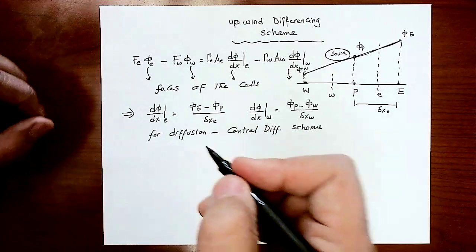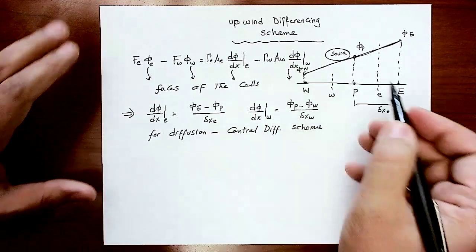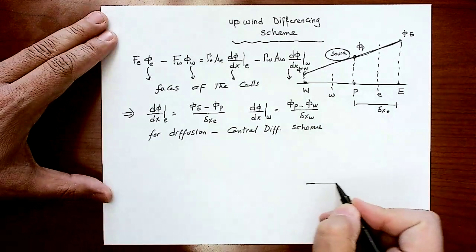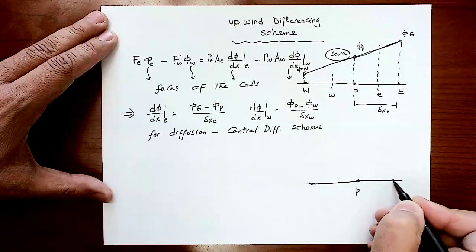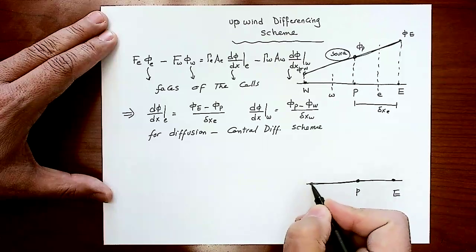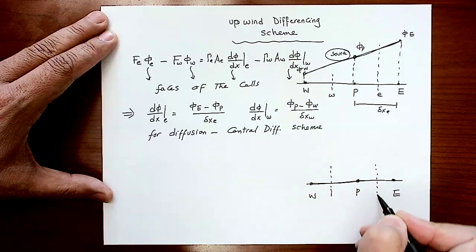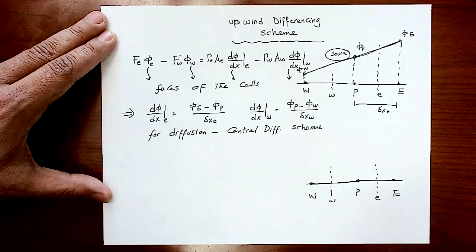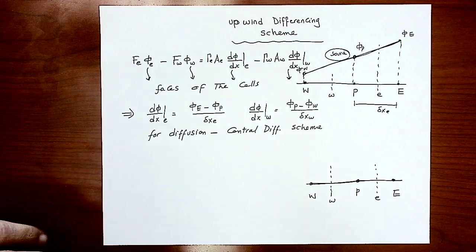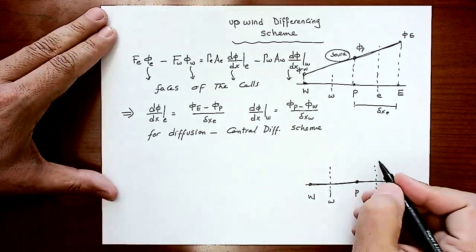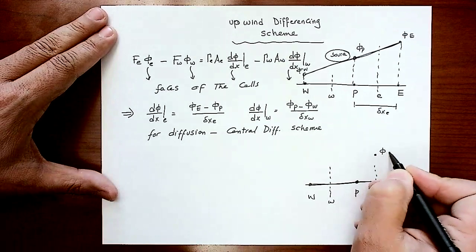for the convection term. Okay, so how can we approximate the value of phi at the east face and the west face? Let me actually draw the domain again. That's central point P, that's E, that's W, and here is the west face, and here is the east face. Okay, so I'm looking for the value of phi here, phi on the east face.